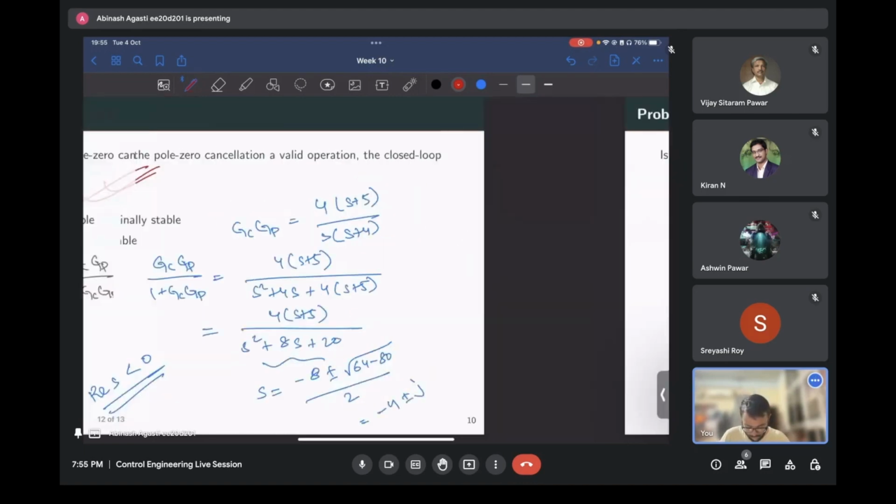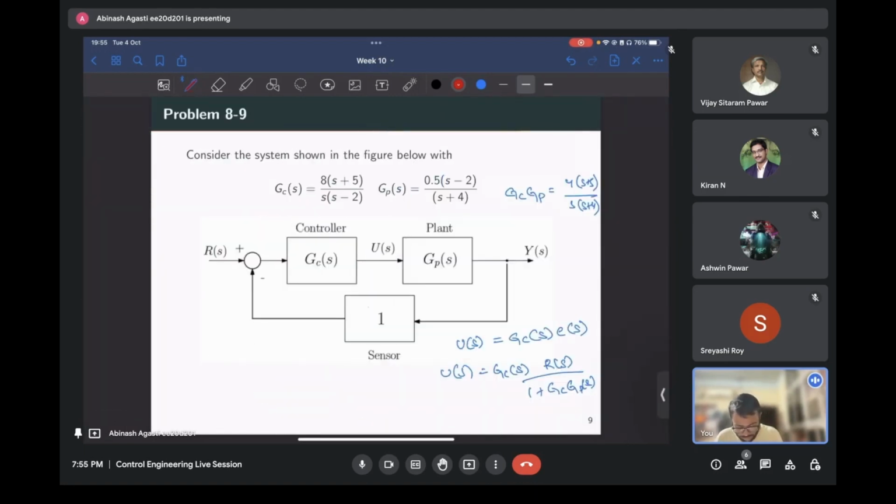What we are doing here is we are trying to cancel this s minus 2 and s minus 2. So here we see that the controller is generating an unstable output, which will be harmful for the plant, right? And another issue with this pole zero cancellation is that we will never have a completely 100% precise model of some system.